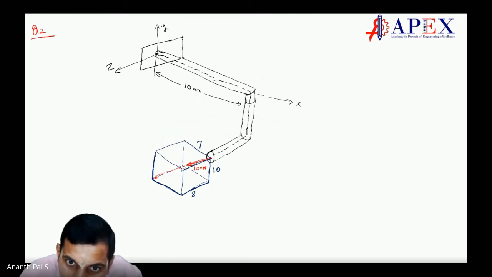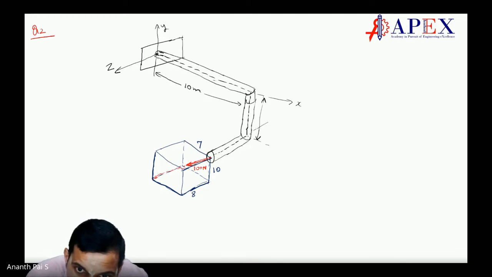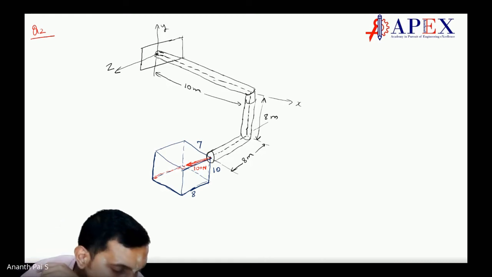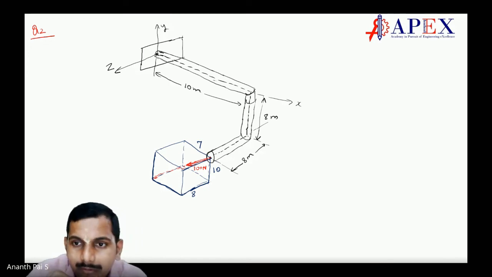This distance over here is 8 meters, and this distance over here is also 8 meters. This distance also here is 8 meters. Now you have to find out the equivalent force system.